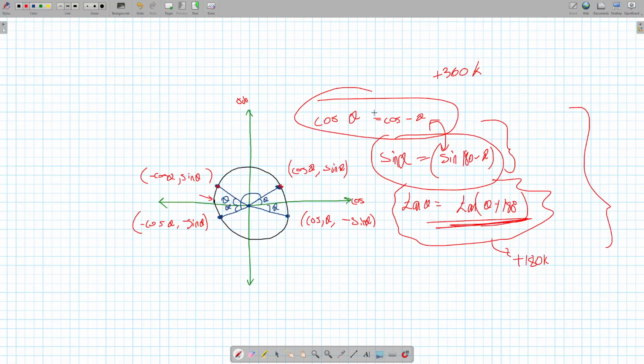Okay, you should know that cosine and sine are both repeated plus 360k. Tan is repeated plus 180k. Okay, very easy. Also, cosine theta is equal to cosine of 360 minus theta. So this and this. 360 minus this angle takes you down here, and they have the same cosine. I didn't write this last time, I don't know why.